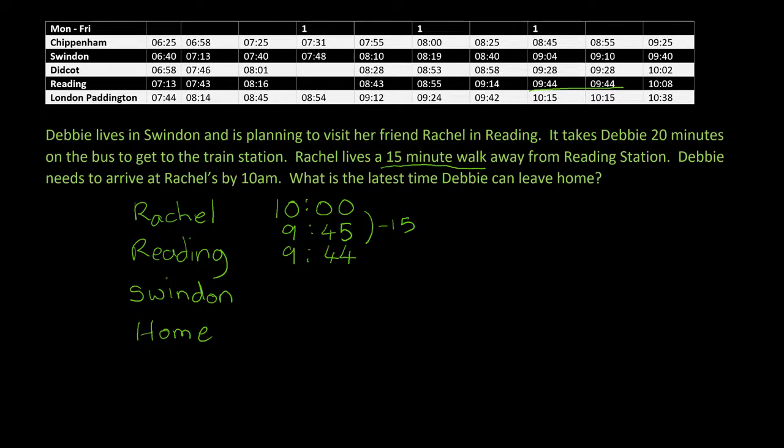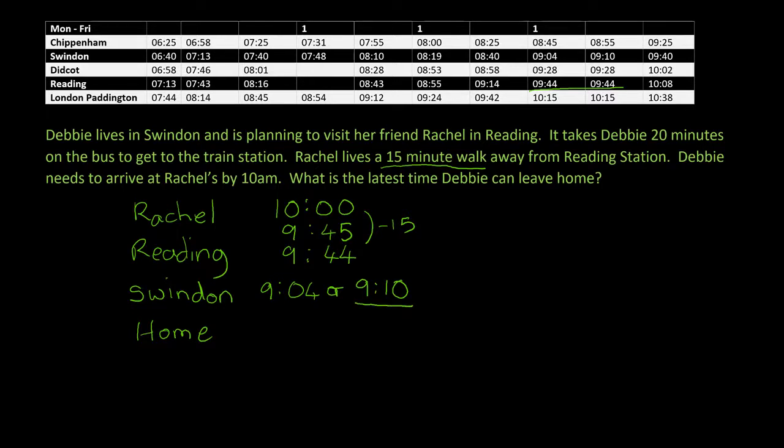Let's see what the difference is when she leaves at Swindon. She can either get on a train at 9:04 or 9:10. So let's assume that she gets on the later one.